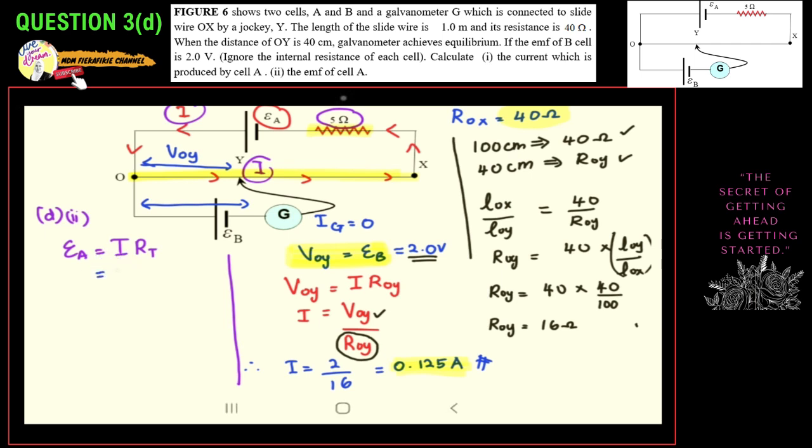I 0.125, total resistance adalah 40 ohm adalah resistance keseluruhan wire from O to X plus 5 ohm. Okay, so akan dapat jawapan 5.63 volt. Okay, itu adalah nilai EMF A.